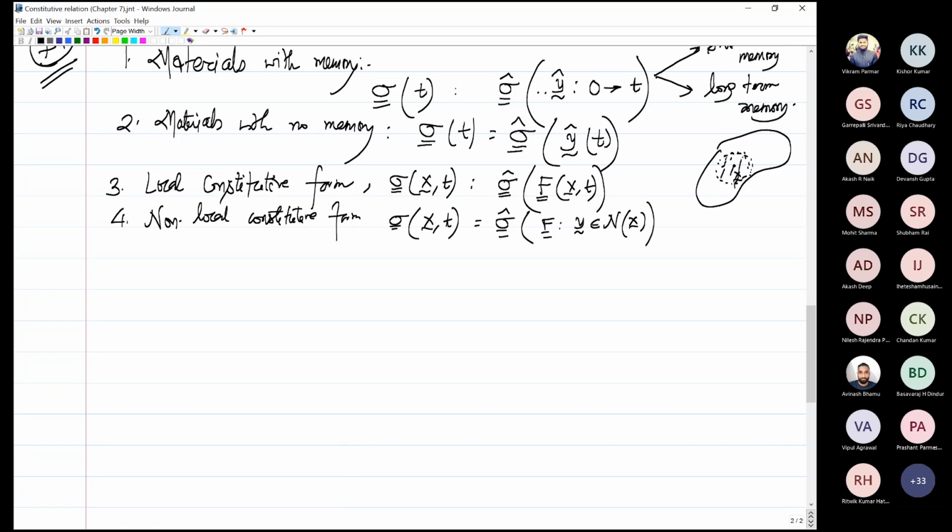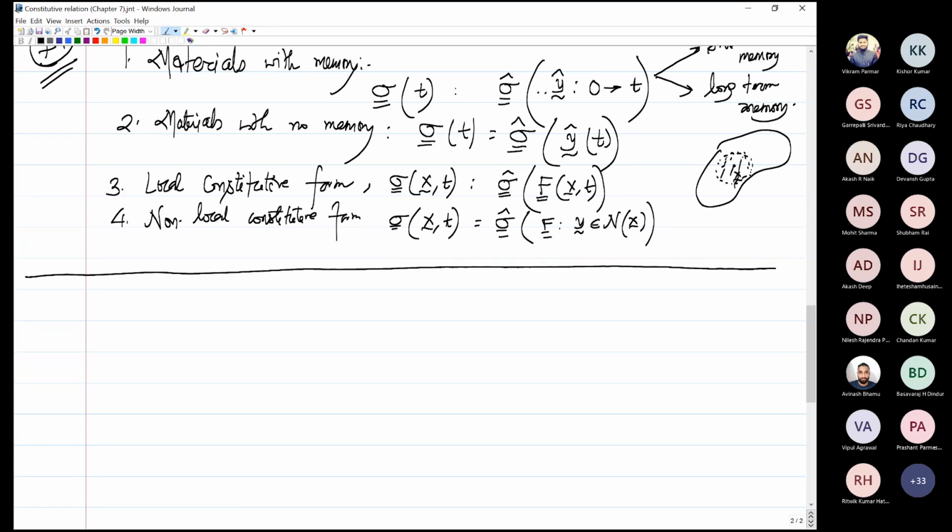We'll just illustrate how, starting with a general function, using objectivity and the second law of thermodynamics and AMB, we are able to come up with a very specific form of constitutive equation. So we are going to illustrate that today for a simple material.